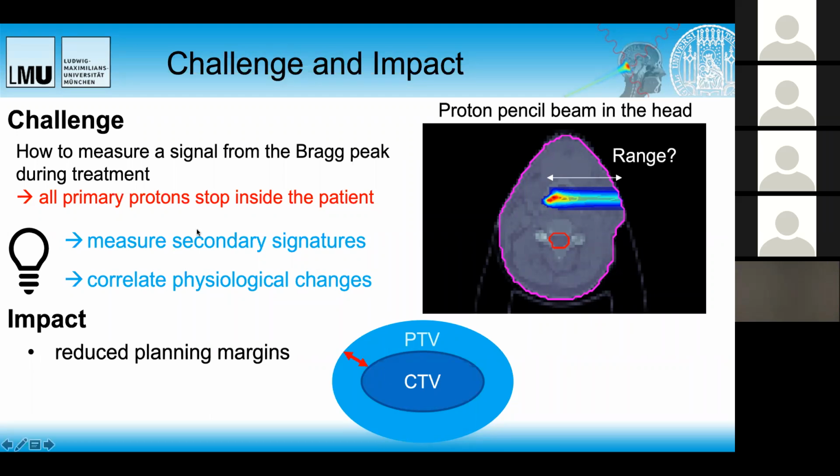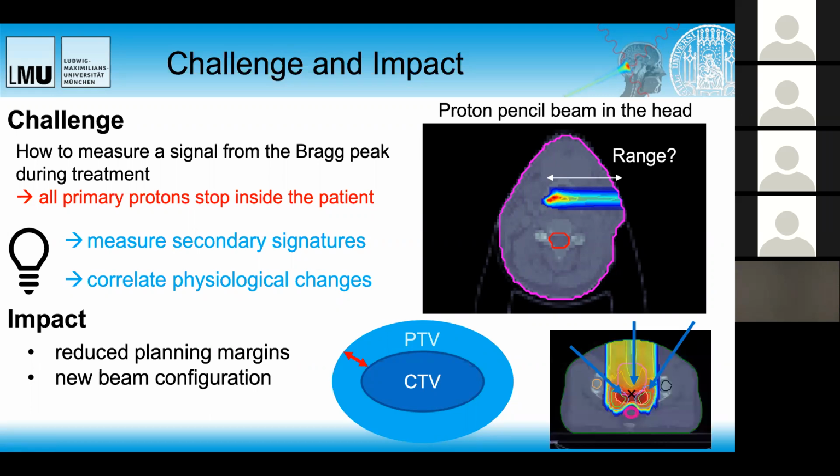And if we could measure live in vivo the range of each pencil beam, then we could reduce this PTV margin.